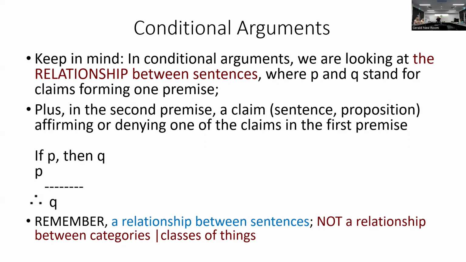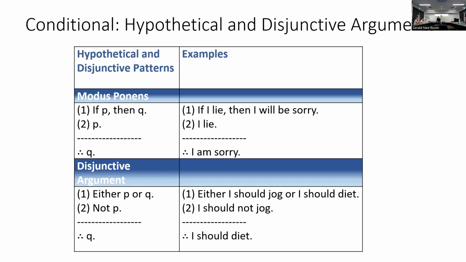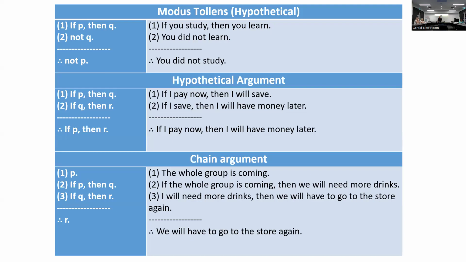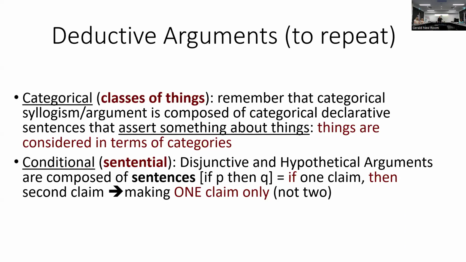But just remember, it's between sentences, while categorical is within the argument, between the categories. So we have conditional, disjunctive. I'm just jumping through it because we will go to it next week. We have modus tollens, I love those ones, we'll explain it next week. So now I'm just repeating and we will finish.